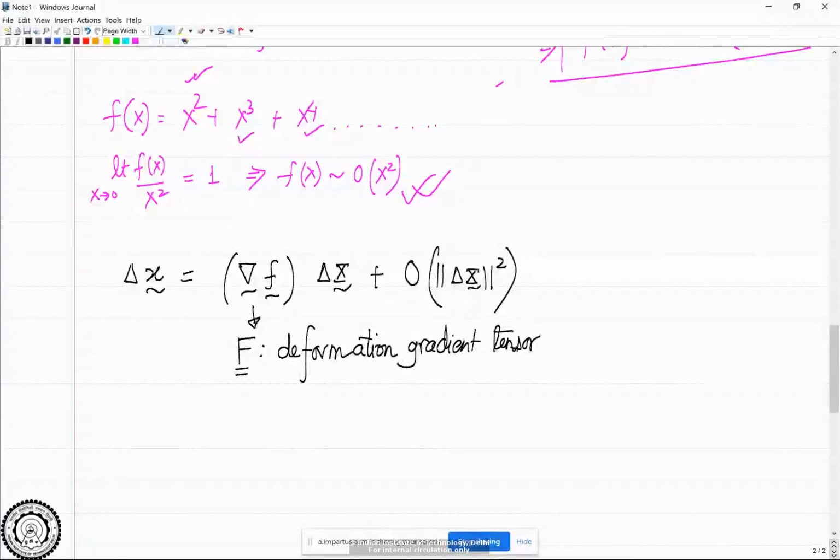If you write this big F in the Cartesian or E1, E2, E3 coordinate system, you get a matrix.